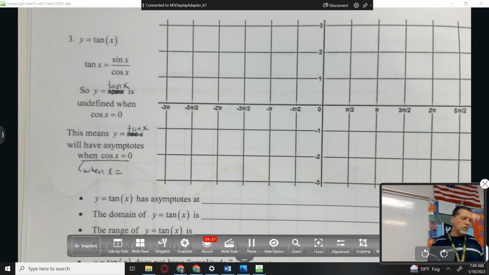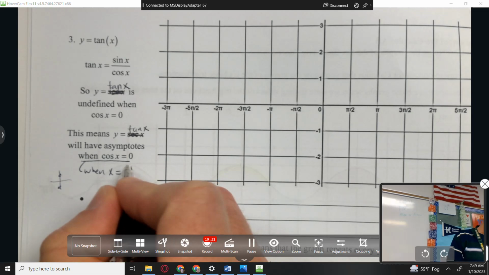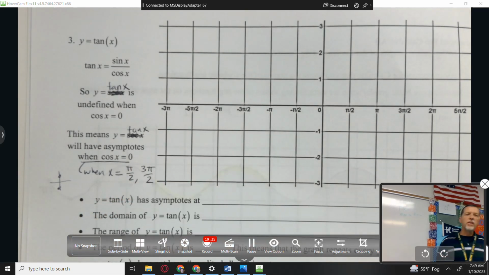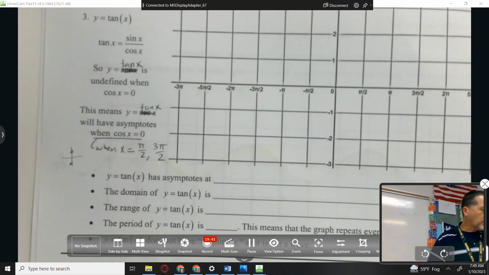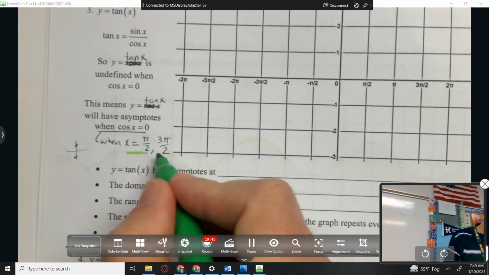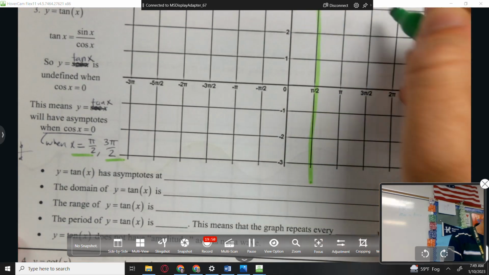Cosine is 0, I think unit circle, when x is pi over 2 or 3 pi over 2. So let's put some asymptotes on our graph at pi over 2 and 3 pi over 2.